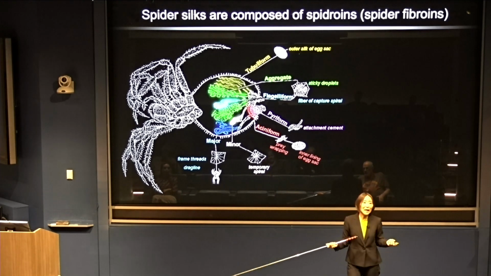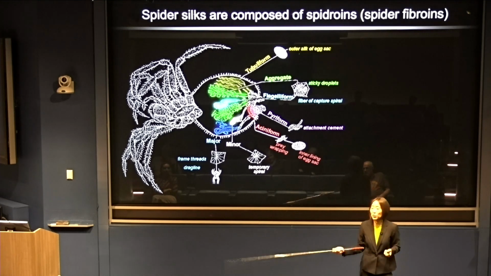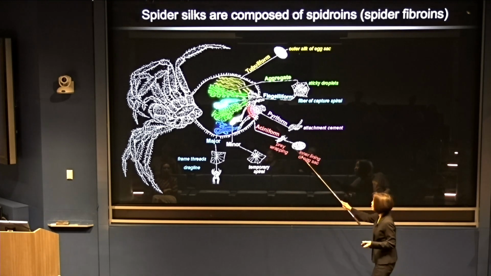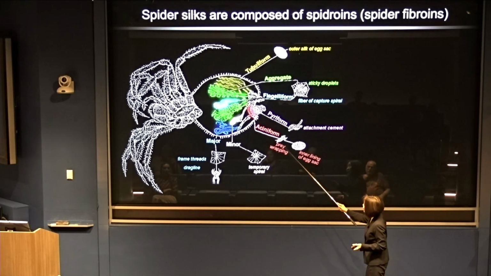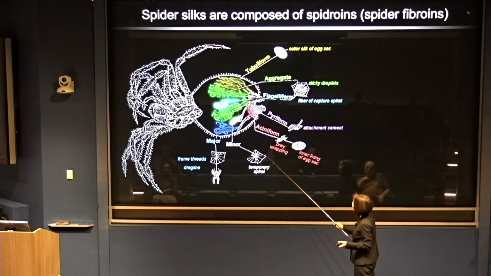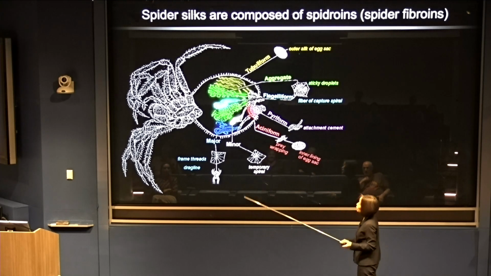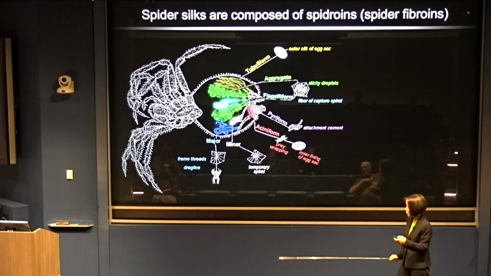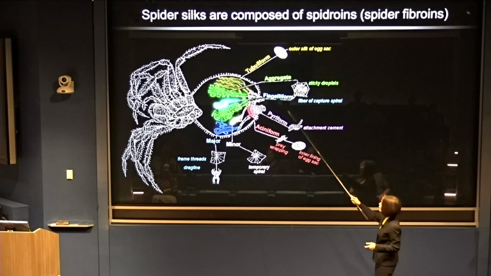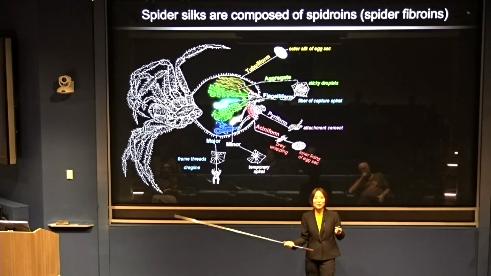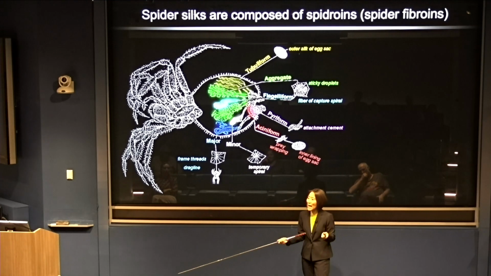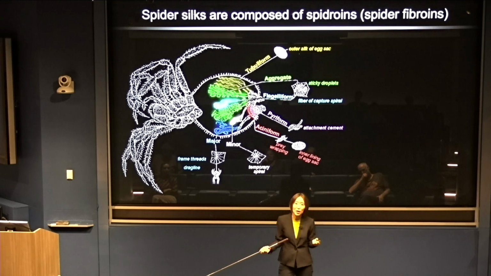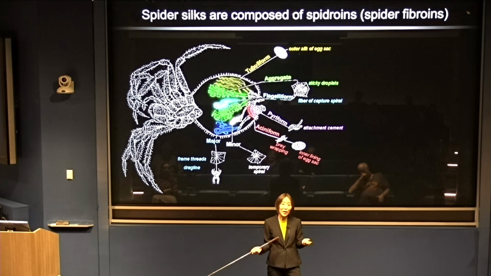And so the glands are numerous inside an animal. In this spider, there are hundreds of these aciniform glands, dozens of piriform, and the other glands occur in either just one pair or up to 3 pairs. And from each of these glands, what's inside of them is not like a spool of thread, but it's actually a highly concentrated protein solution. So we call that silk dope.